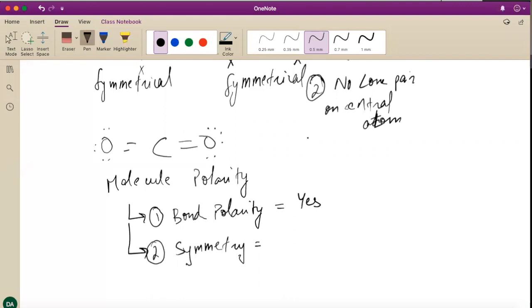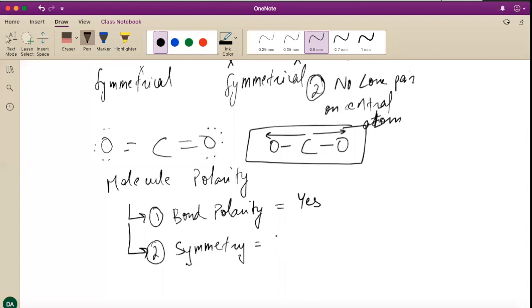If you look at the CO2 example, don't worry about the double bond. Don't worry about the lone pairs you see on the outer atom. Just look at this thing here. This CO is pulling this way, and this CO is pulling this way. Do you see they cancel out each other? So this molecule is symmetrical. What is your answer to symmetry? Yes.